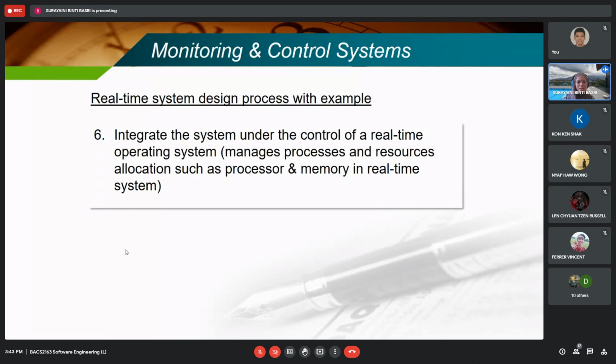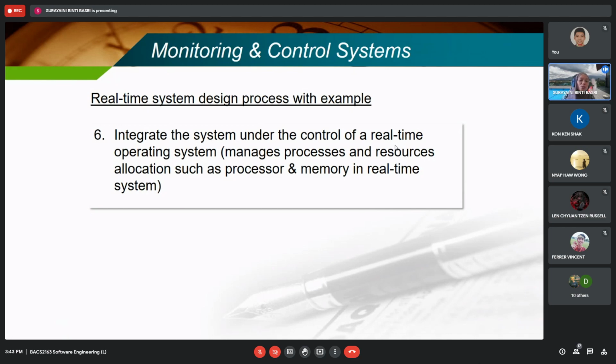The last stage in the RT design process is to integrate the system under the control of a real-time OS. Like we have learned previously, the real-time OS is the operating system responsible for managing processes and resource allocation, such as processor and memory.